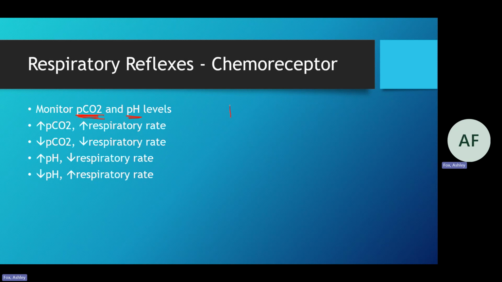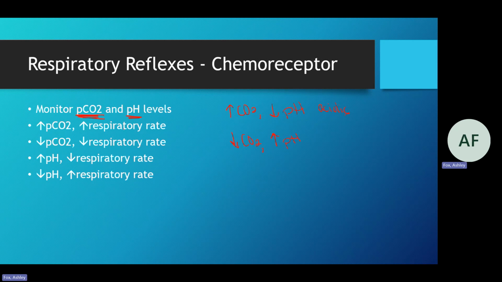If there's high carbon dioxide, then you're going to have a lower pH, because carbonic acid and protons increase, so you're going to be more acidic. And opposite, if you have low carbon dioxide, then you have less carbonic acid in your body than normal, and that's going to increase your pH.